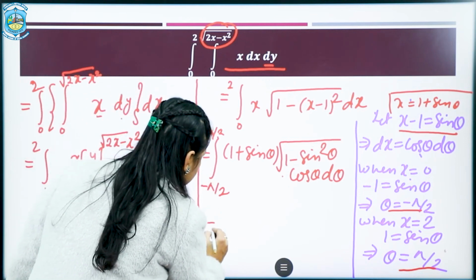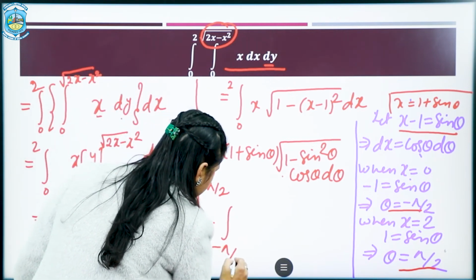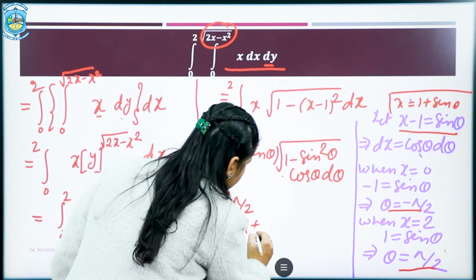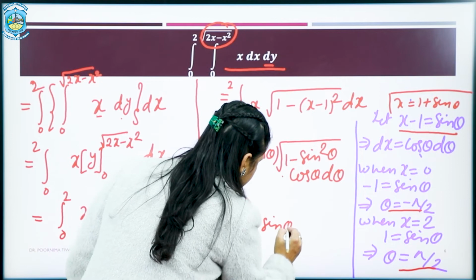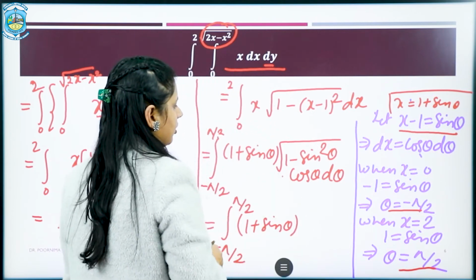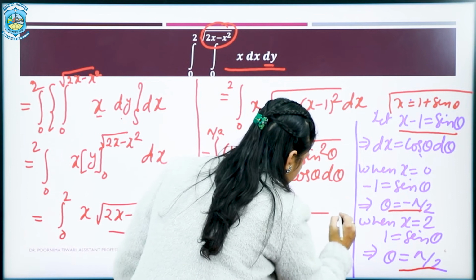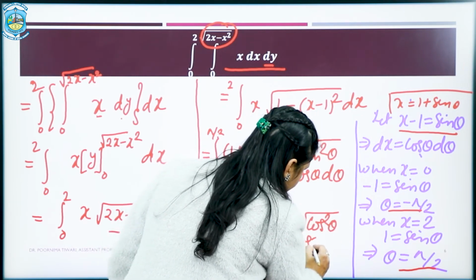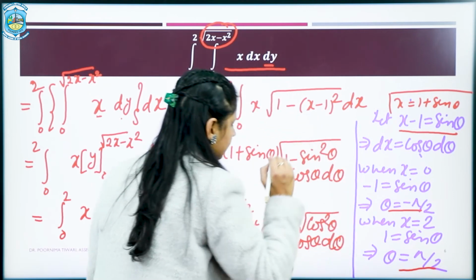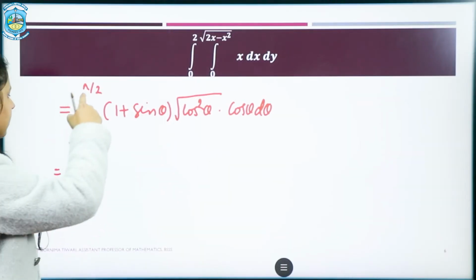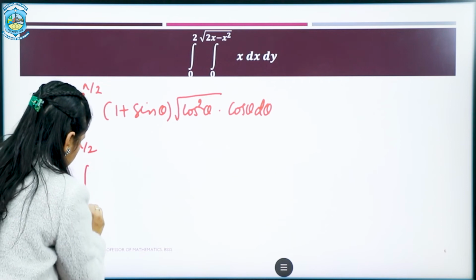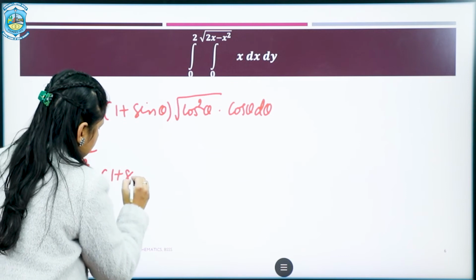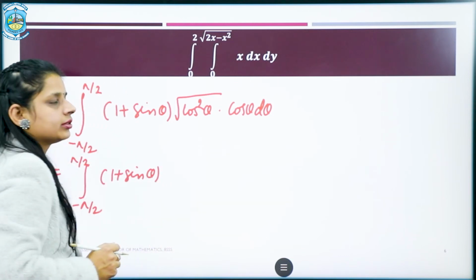That is, this integral is minus pi by 2 to pi by 2, 1 plus sin theta, square root of 1 minus sin square theta is cos square theta, multiplied with cos theta and d theta. Now, when we have to solve this term, it will be minus pi by 2 to pi by 2, 1 plus sin theta as it is.